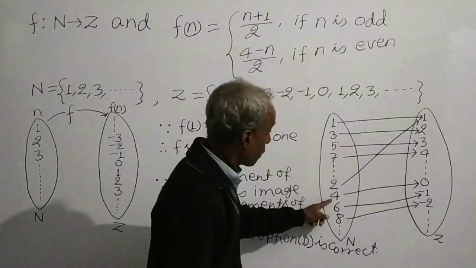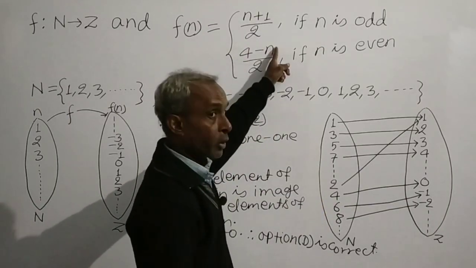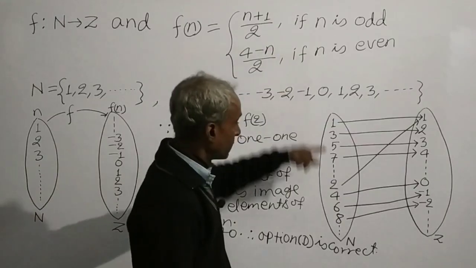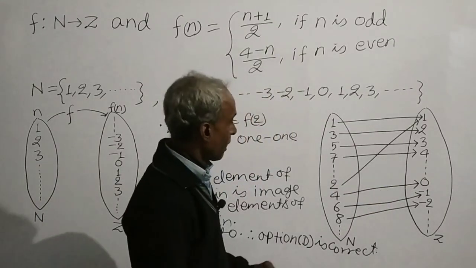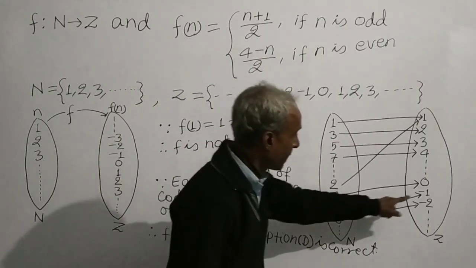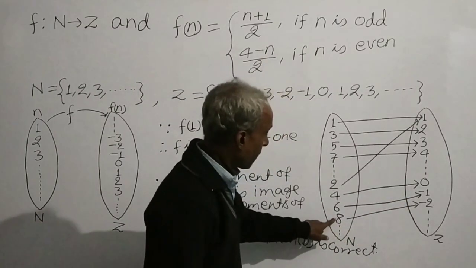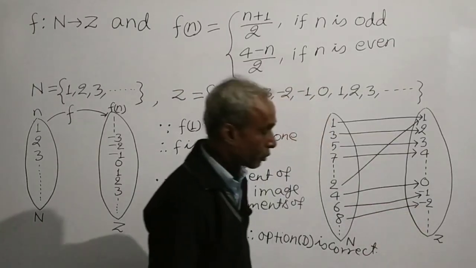When we put 4 here, then (4-4)/2 is 0, image is 0. When we put 6 here, then we get image -1. When we put 8 here, then image is -2.